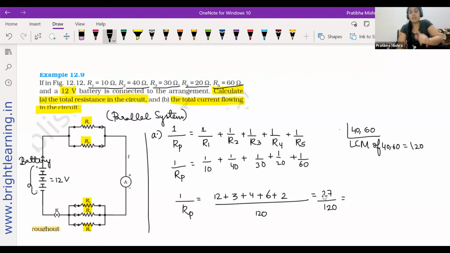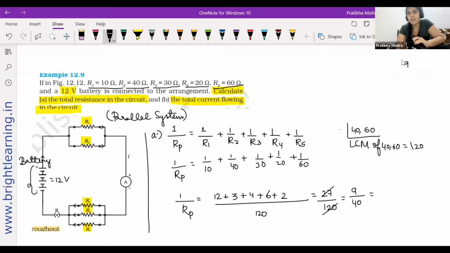27 is correct. 27 and 120 both are divisible by 3, right? So how to do that? You can just divide them by 3. So you'll get 9 upon 40. Can you still divide it further? No, we can't, right? So what's the answer? If you do 9 by 40, you can do it in a calculator, but do not use a calculator.